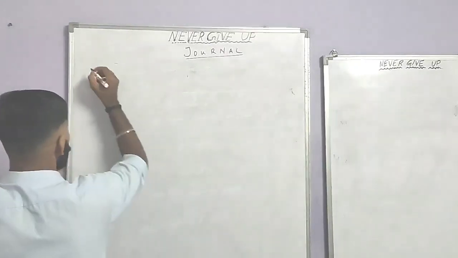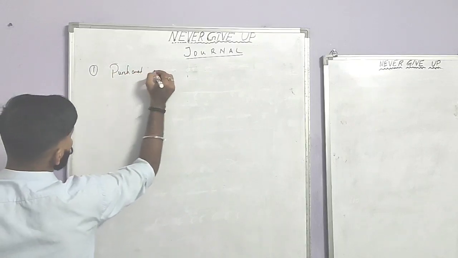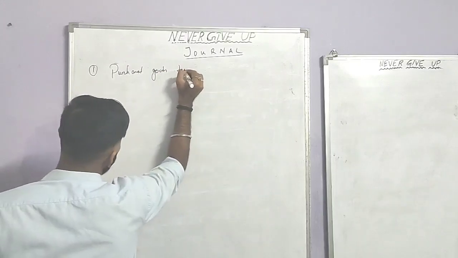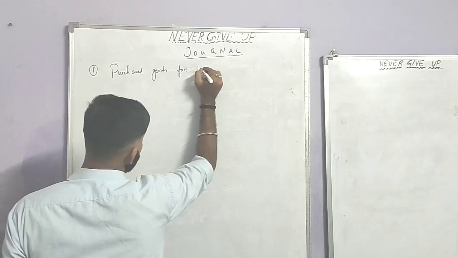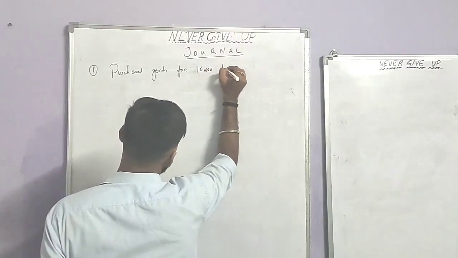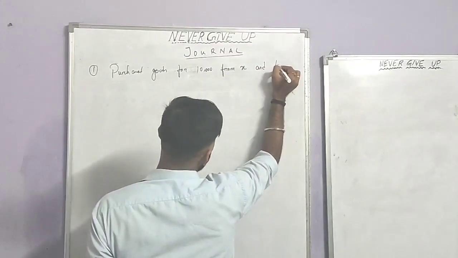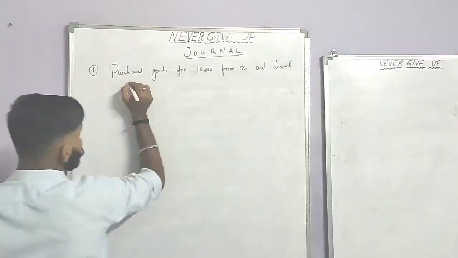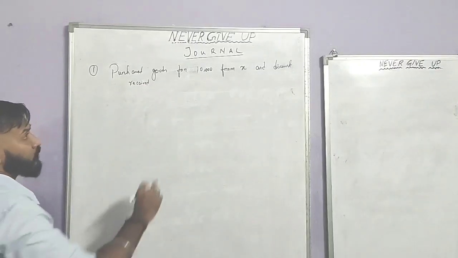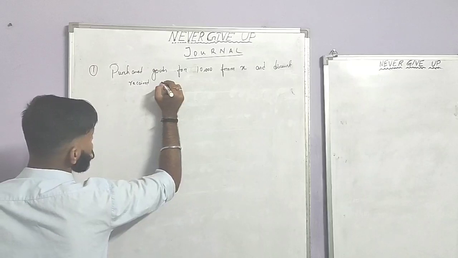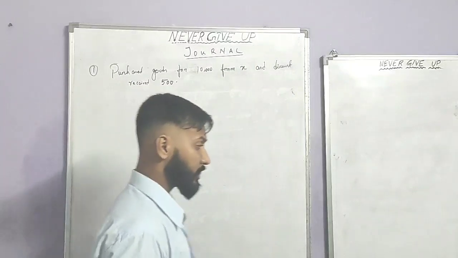Say the transaction of the compound journal is: purchased goods for 10,000 from X and discount received 500.